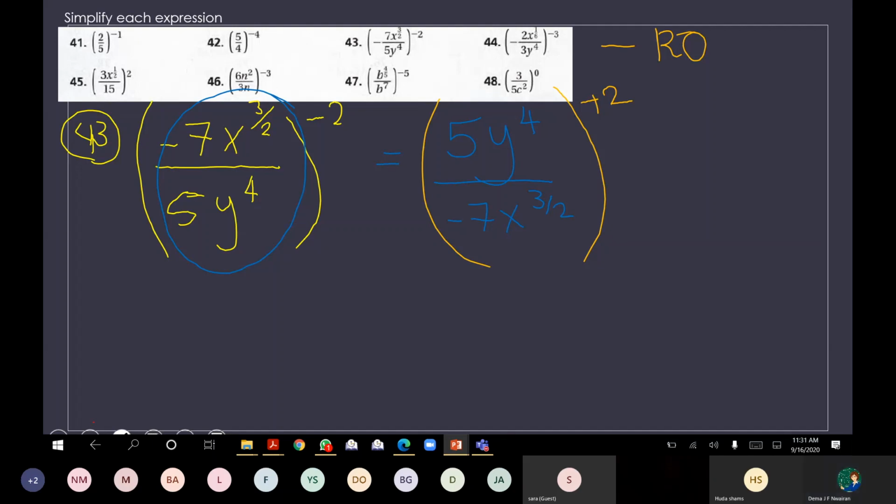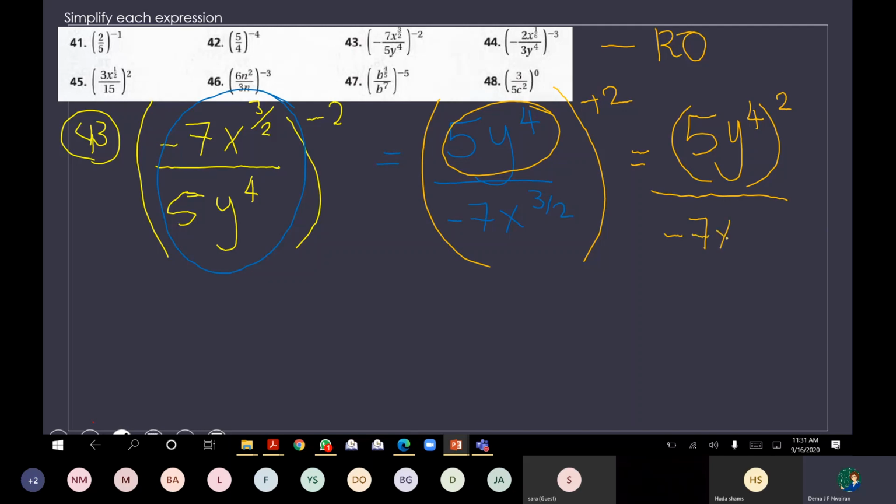So what I have to do now, here we have the first numerator, it will be raised to 2. So I will rewrite it as 5y raised to the power 4, which is raised to 2, over negative 7x raised to the power 3 over 2, which is raised also to 2.